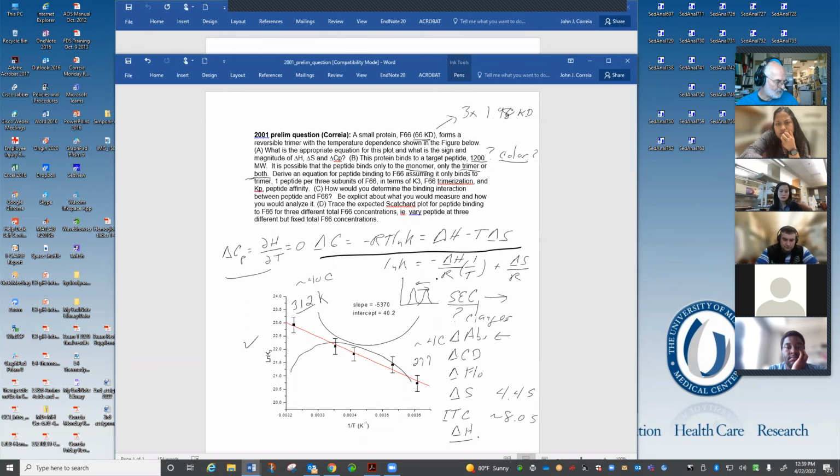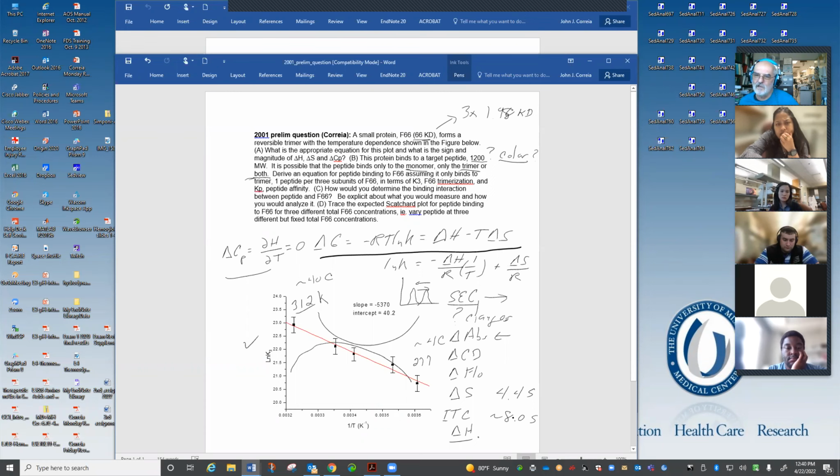A lot of people have automated SEC columns set up so they can watch reactions shift. It's a little complicated by SEC because SEC causes a lot of dilution of the sample as opposed to sedimentation. You could do this by DLS because you would see the diffusion coefficient of the monomer and the trimer. They would not be dramatically different, but they would be different, and you could watch that shift in the presence of the drug. That may be a tighter experiment.